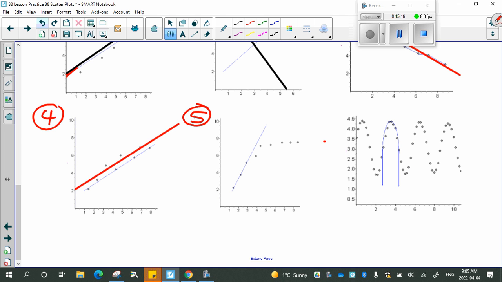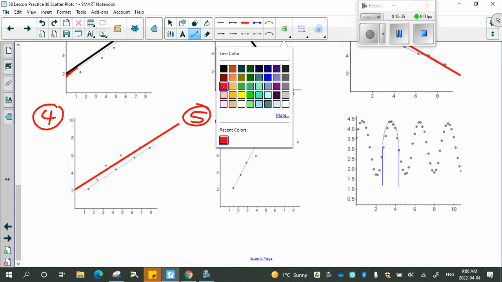Yeah. This one, really for me, I would draw in a curve of best fit, like I would do something like this. Because this one, it's just so obvious that it's a curve. But if I was forced, if they said you have to draw in a line of best fit, I would try my best.